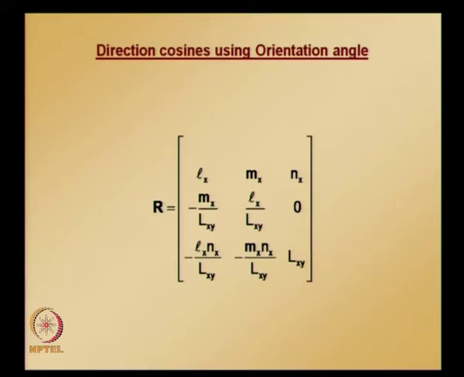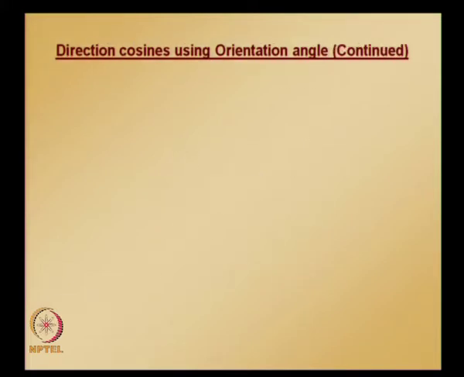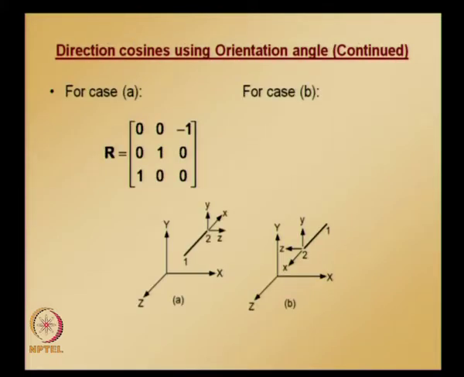So in that case we need to look at the space frame element, and by inspection we can write the rotation matrix components. Lxy is going to be 0 in case the space frame element is oriented parallel to the global z axis. For these cases the components of the rotation matrix can be obtained by inspection.